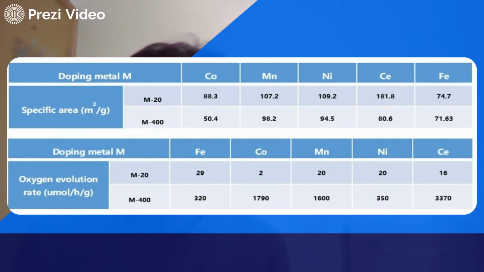So the high concentration doping samples basically have lower specific surface area. Although cerium-20 has relatively high specific surface area, its performance is not that outstanding. Obviously, the high concentration doping samples have much better performance compared to the low concentration doping samples. You can see that in the chart below.